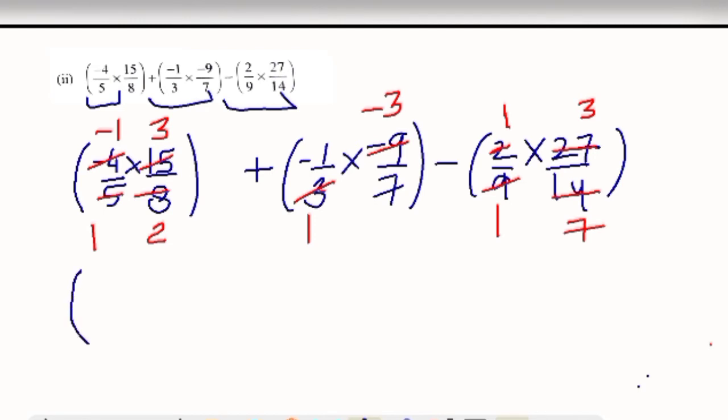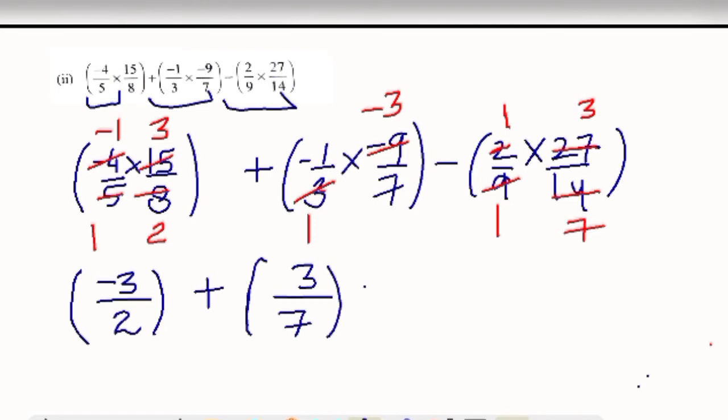Now in first bracket you have 3 1s are 3 of minus sign upon 2 1s are 2 plus in this bracket in numerator you have 1 multiply 3 is 3 and minus minus plus. Denominator 7 1s are 7 minus 3 1s are 3 in numerator and in denominator 7 1s are 7.